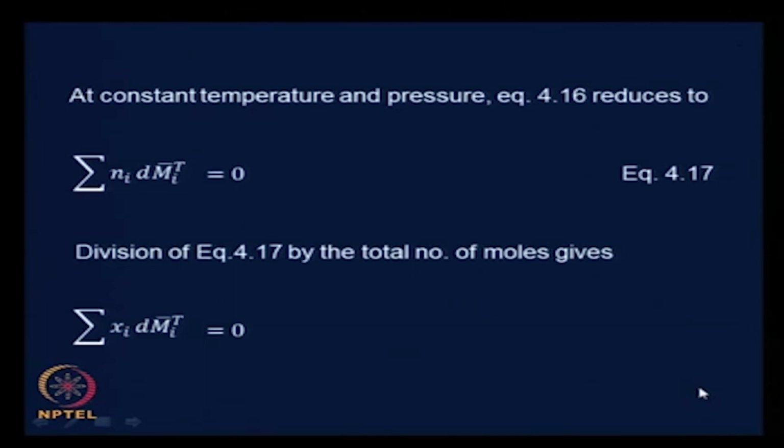This is equation 418. This is quite a powerful equation, as we will see later. I think we are almost out of time for this class lecture. Let us stop here and continue in the next class.